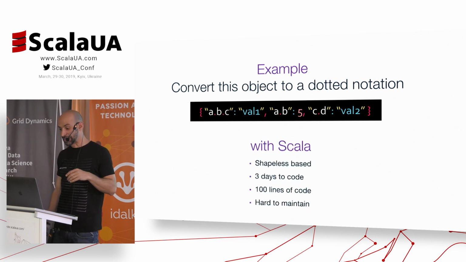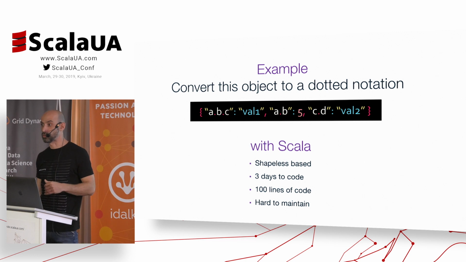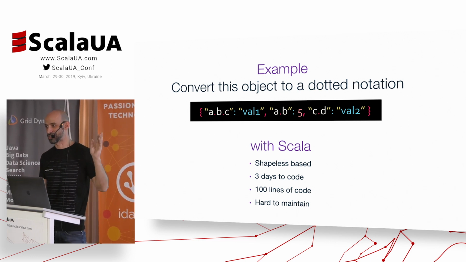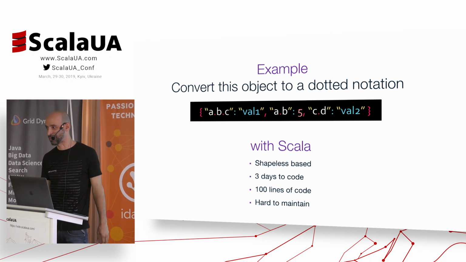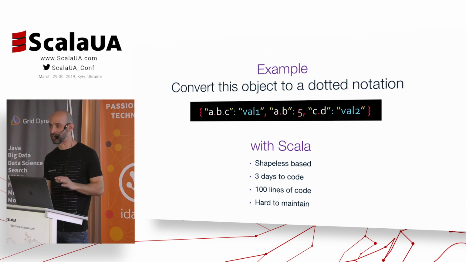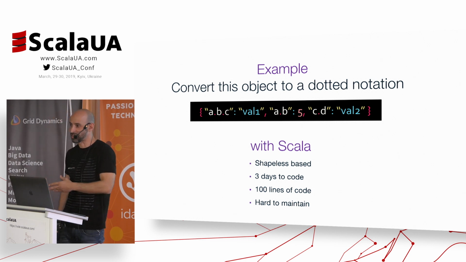So I used Shapeless to do that. I actually even have the pull request still open somewhere. If anybody wants to see it, you can come to me after the lecture and I'll show it to you. It took me about 3 days to code, 100 lines of code, and it was extremely hard to maintain because I don't think anybody else in the company got the Shapeless thing other than me.